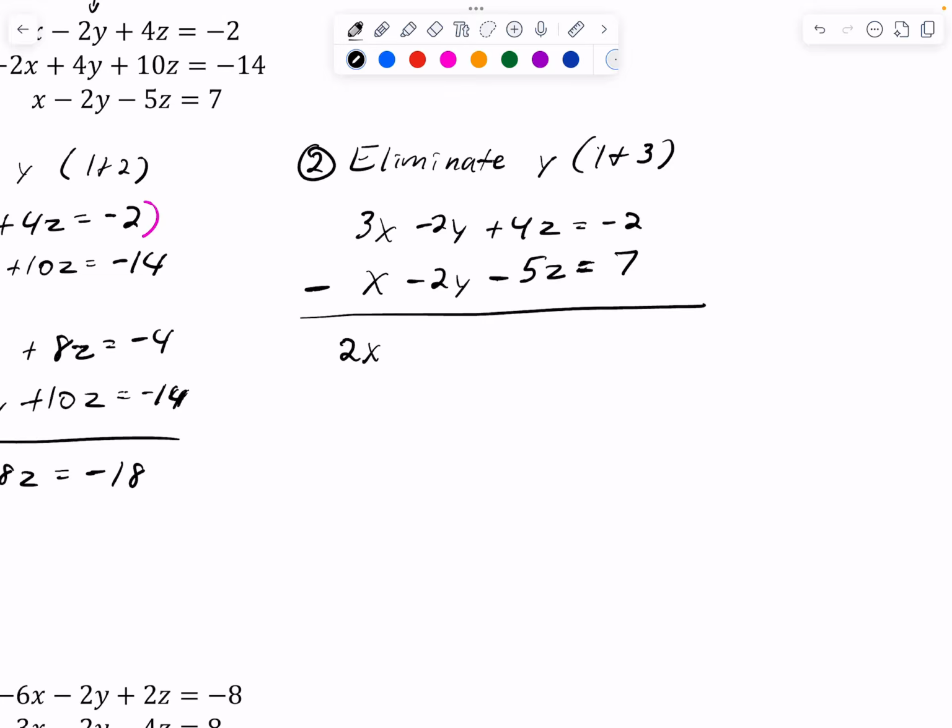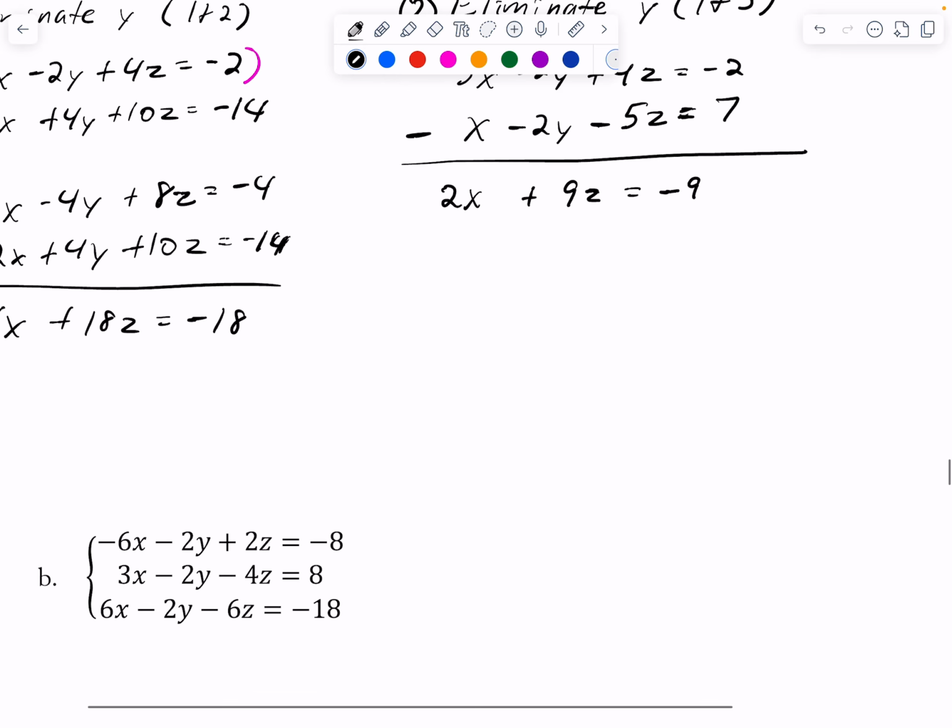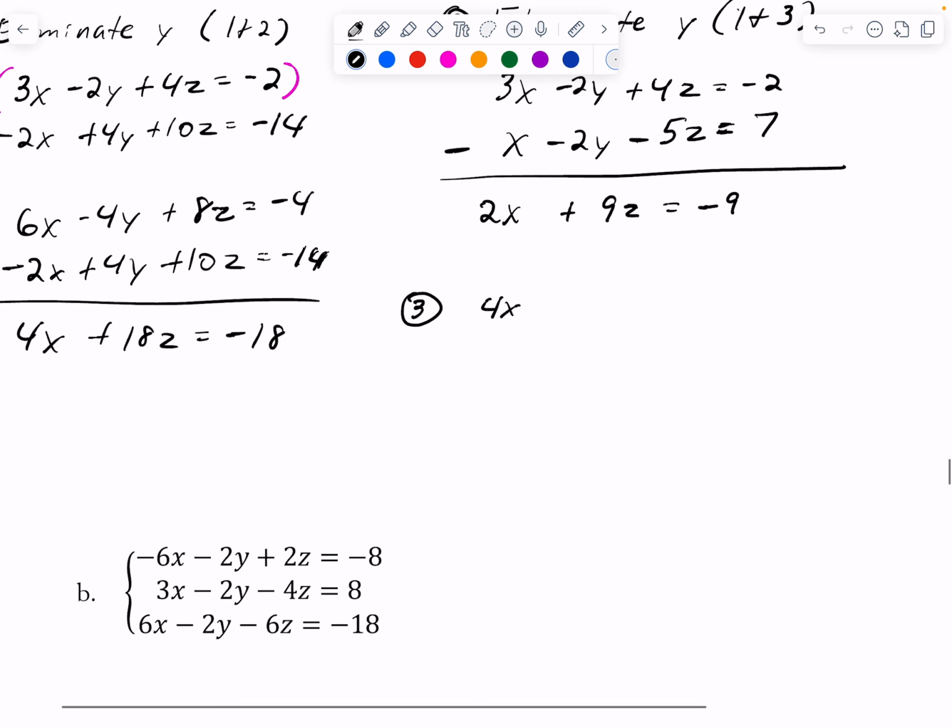So this is 2x. 4z minus a negative 5z is really adding 5z, so that's plus 9z. And then negative 2 minus 7 is negative 9. So step 3, we'll be able to put these together. 4x plus 18z equals negative 18. 2x plus 9z equals negative 9.